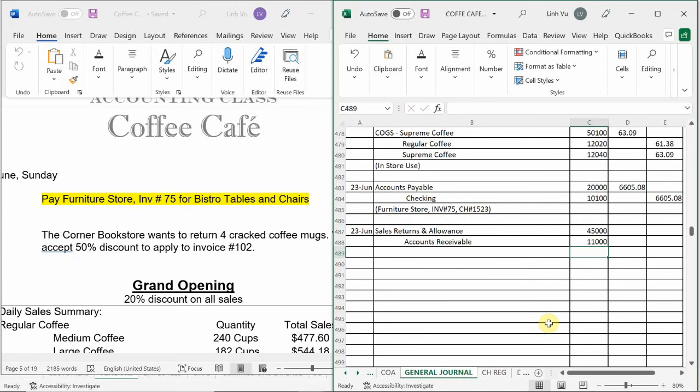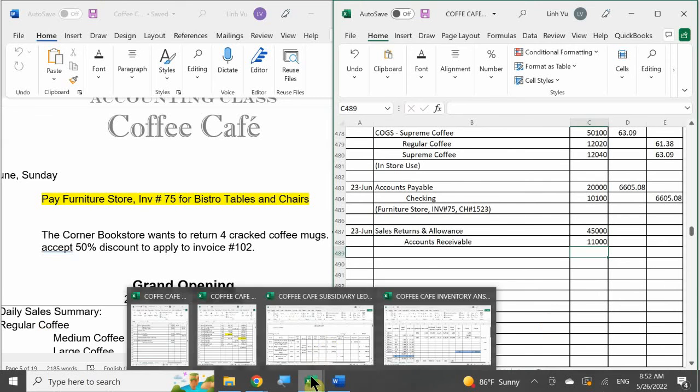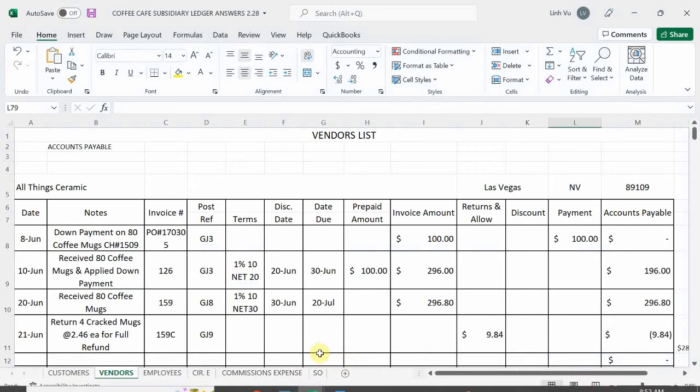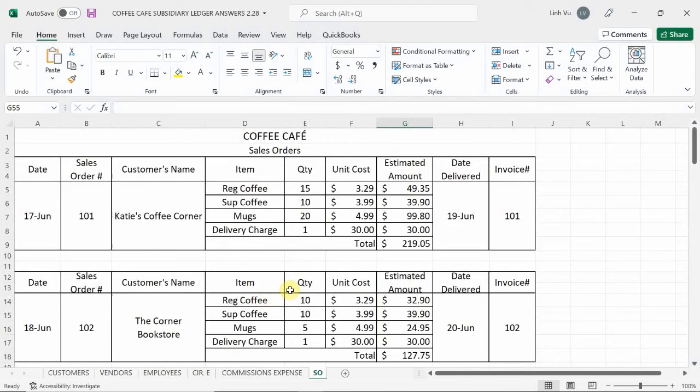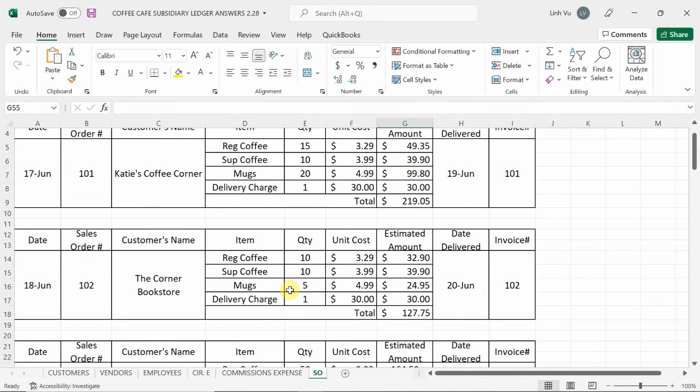Okay. Now, how much did we originally charge for each coffee mug? We can use the sales order to locate that. So let's check out the sales order. For invoice number 102, the corner bookstore, we sold each coffee mug at $4.99.